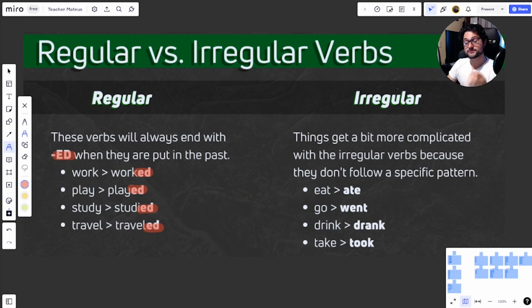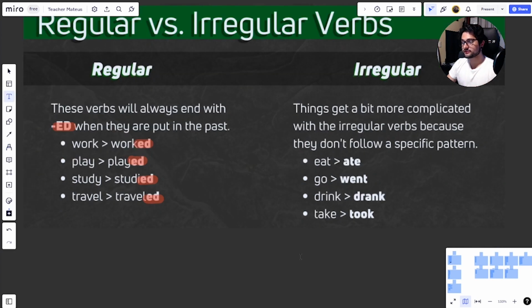The irregular verbs, on the other hand, things got a little bit more interesting. Things got a bit more complicated with the irregular verbs because they don't follow a specific pattern. So we have these verbs, eat, ate, go, went, drink, drank, take, took. This is the conjugation of these verbs in the past.